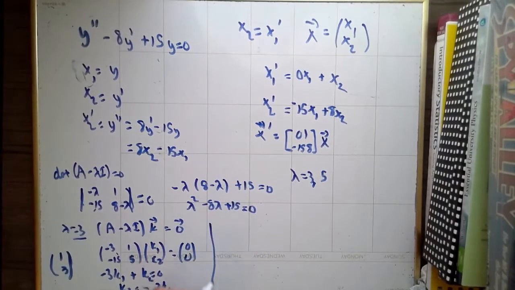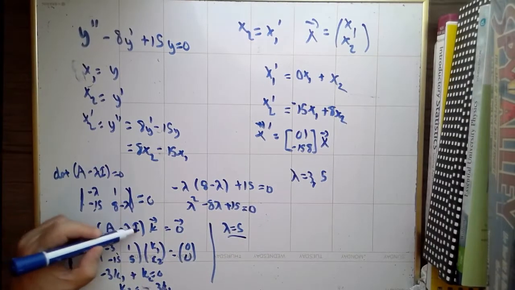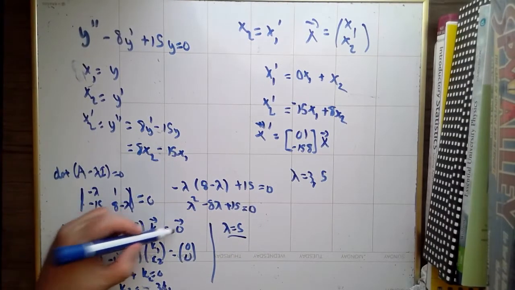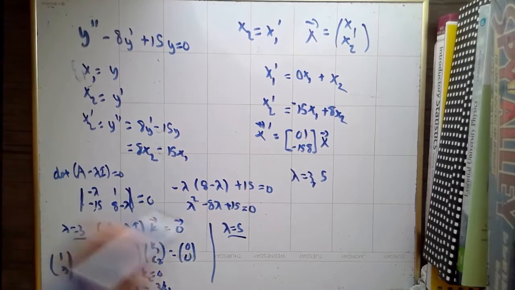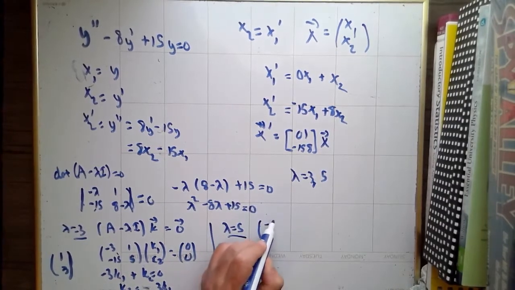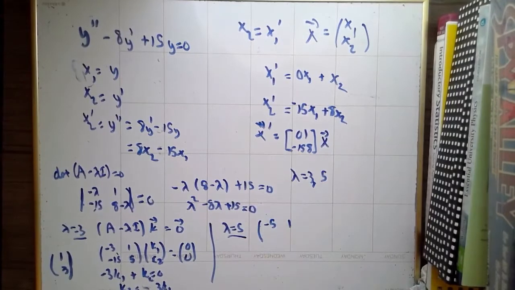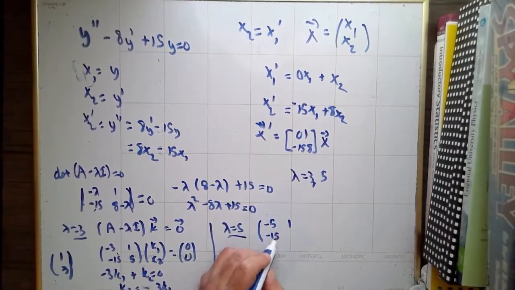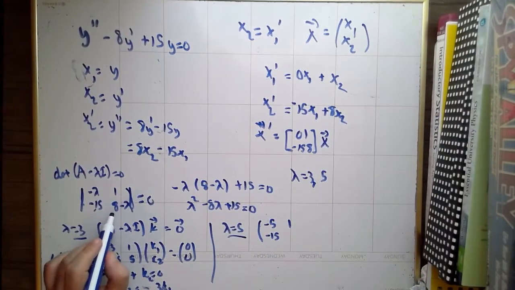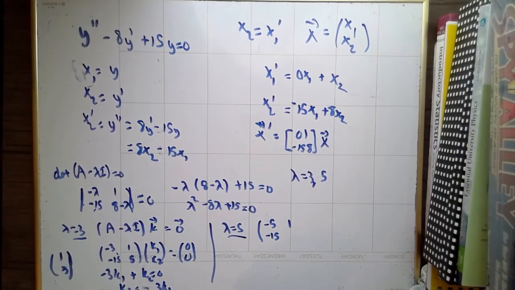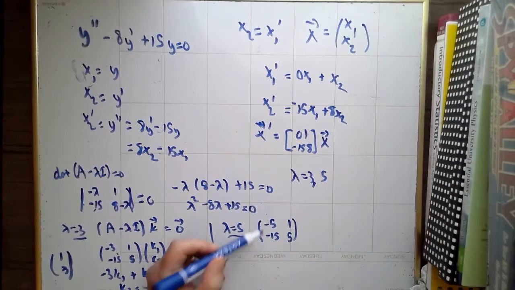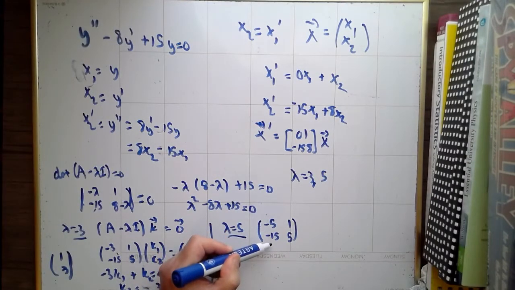And then for lambda equals 5, A minus lambda I times k must equal the 0 vector. So that would be the matrix negative 5, 1, negative 15, 8 minus 5 would be 3. Notice, by the way, of course, one row is always a scalar multiple of the other one.